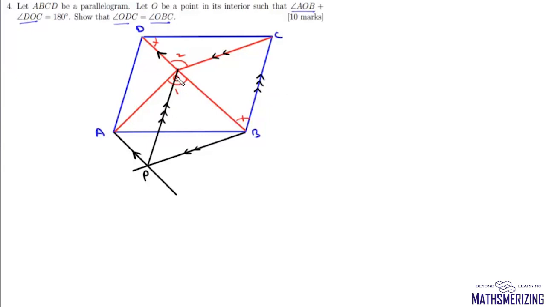So we look at this quadrilateral OAPB. Now this angle ODC, which is this angle, is equal to this angle which is PAB. And in the same way, this angle which is OCD is same as angle PBA.